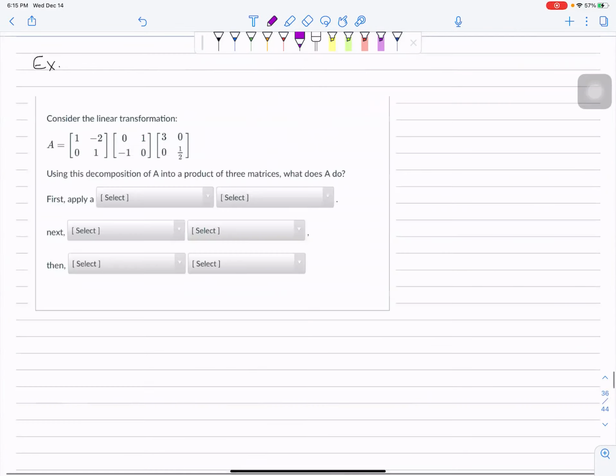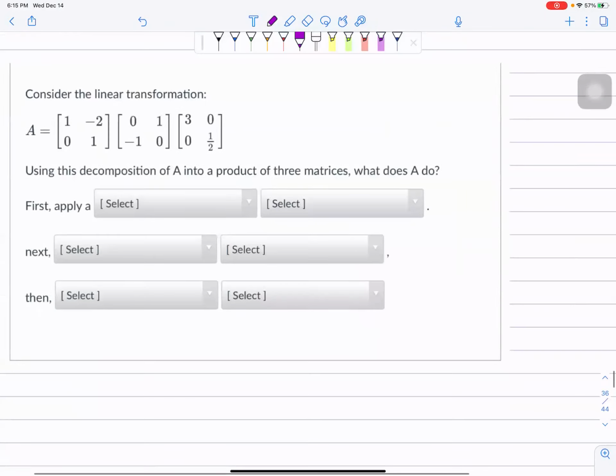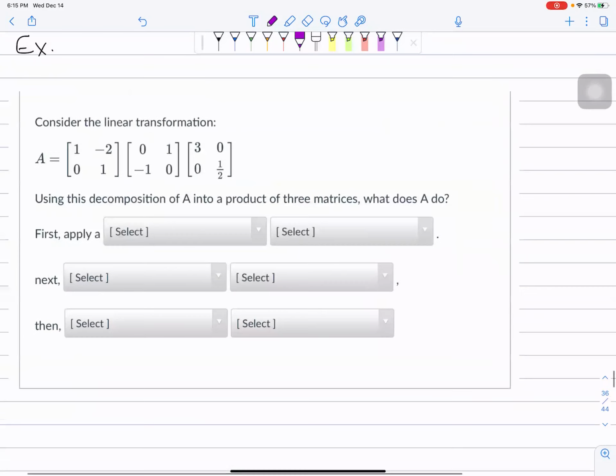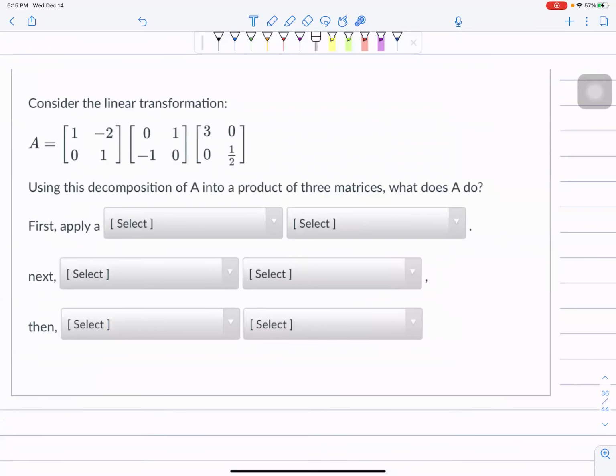Okay, so let's look at this example. We have this linear transformation, A, and they decomposed it for us into 3 smaller matrices. And they say, what does A do?